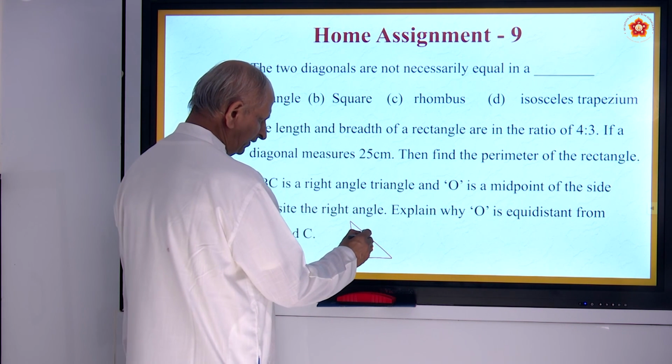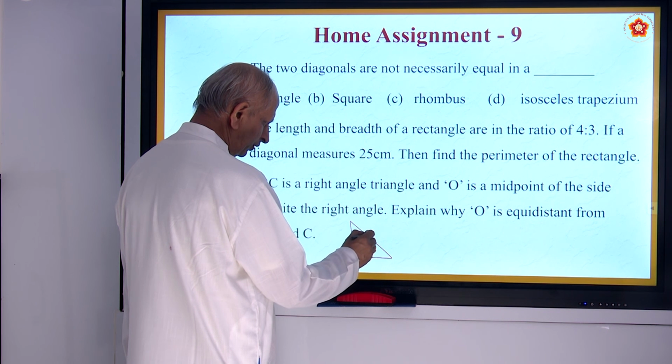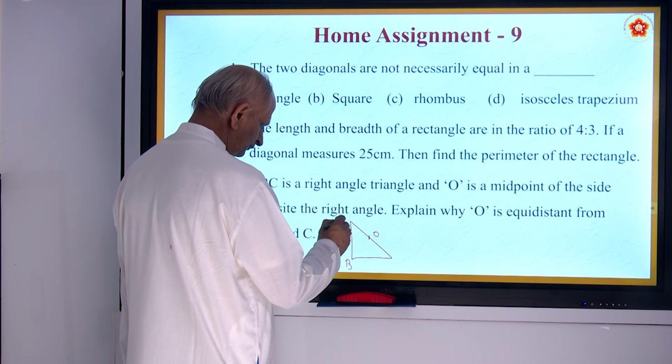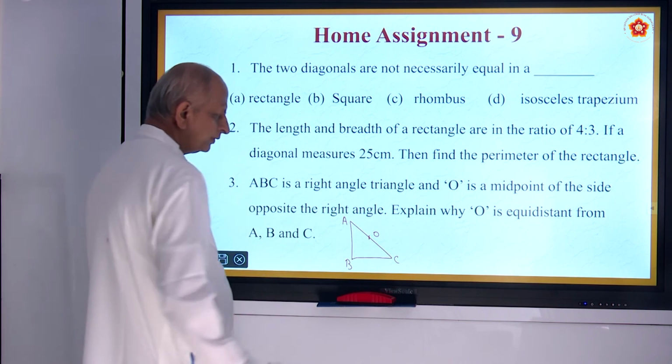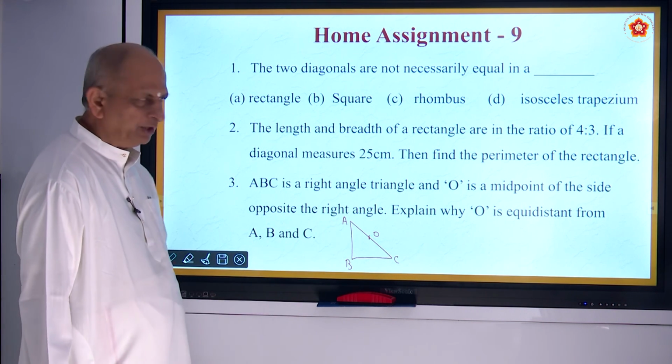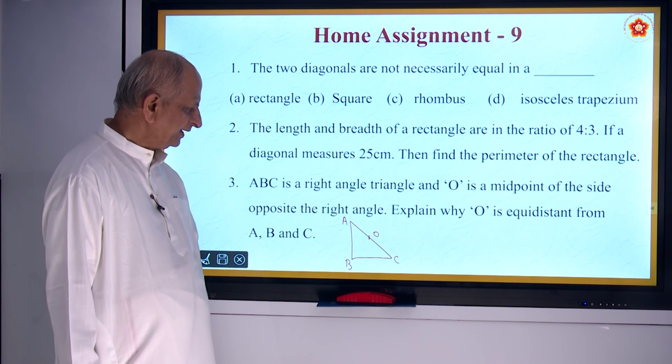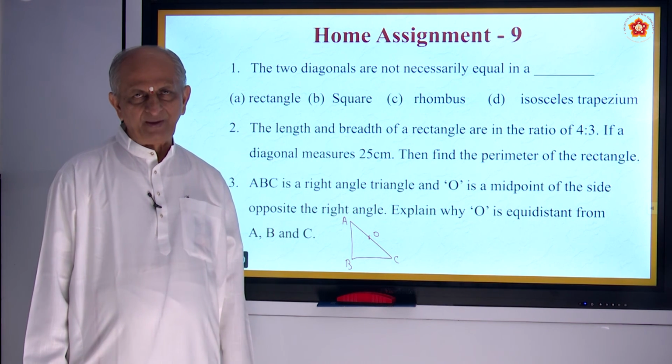O is the midpoint of the side. So O is somewhere here. Okay. You must prove that O is equidistant from A, B and C. Okay, you will come prepared.